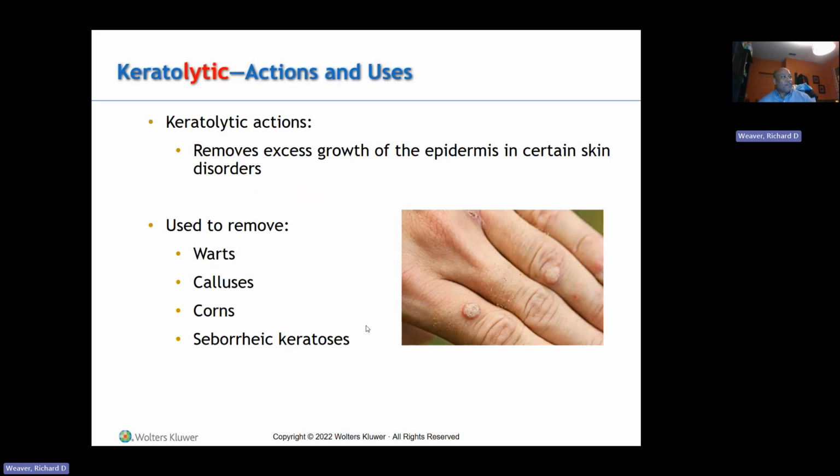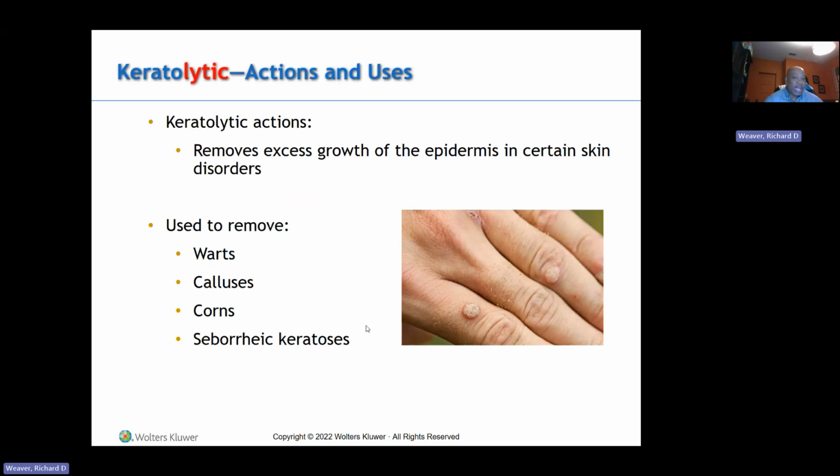Keratolytic. This is a drug that removes excess growth of the epidermis in certain skin disorders. And as you can see in this picture, this is an excess skin disorder. This is the epidermis. It works on the epidermis, which is the top layer of the skin, such as a wart. This looks like a wart.